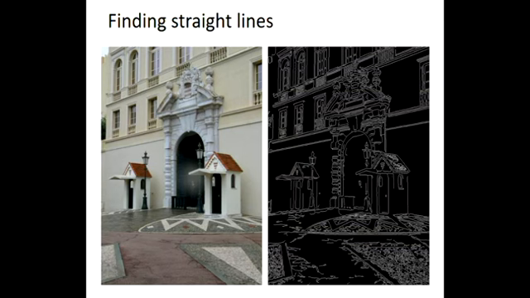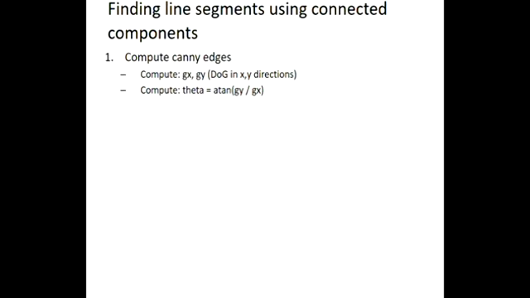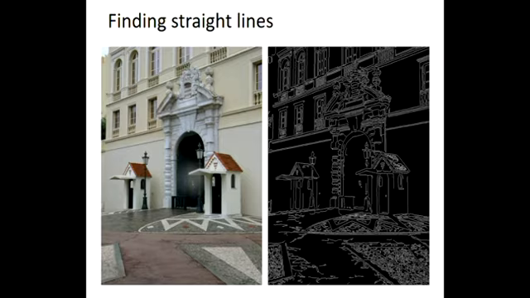So here's the Canny edge image for this Monaco palace. And then we want to try to find straight lines in the image. That can be useful for reasoning about geometry or for characterizing the appearance of different regions.